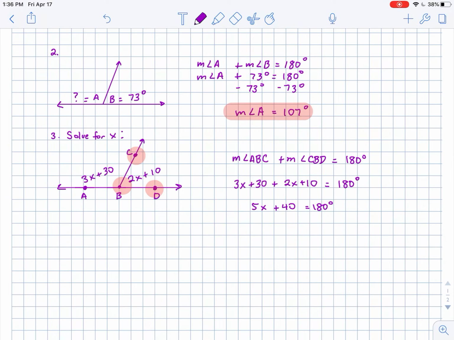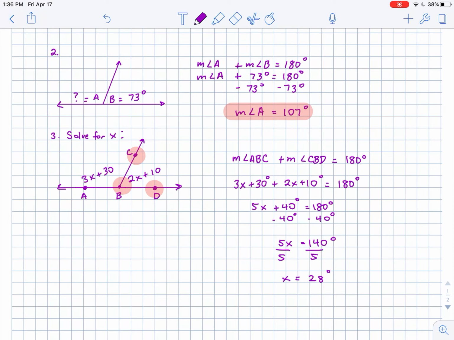Equals 180 degrees. Minus 40 minus 40. 5x equals 140. These are all degrees. Divide by 5. X equals 28 degrees.